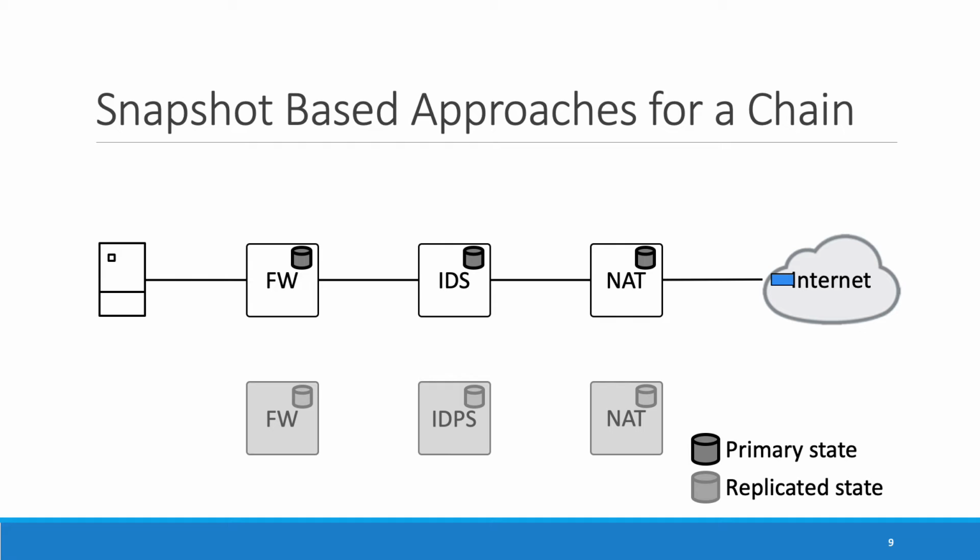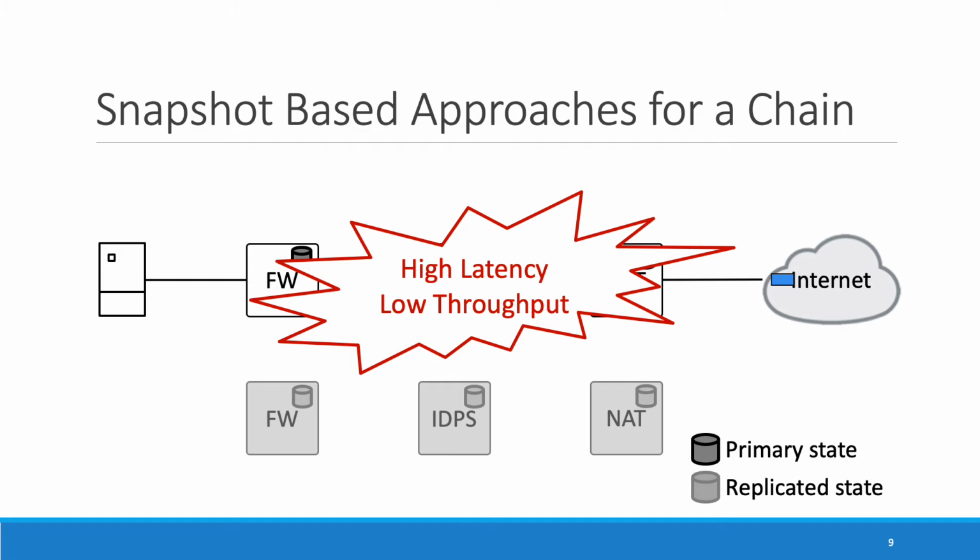While a middlebox takes snapshots, not only its operation pauses, but it essentially stalls the operation of preceding middleboxes. This results in high latency and low throughput.